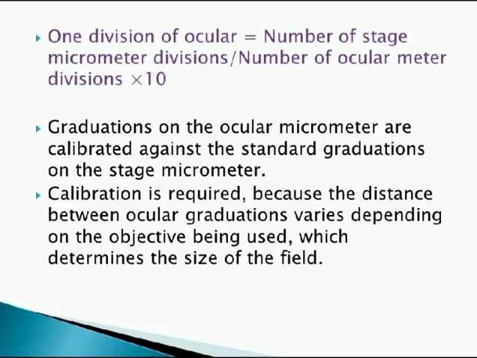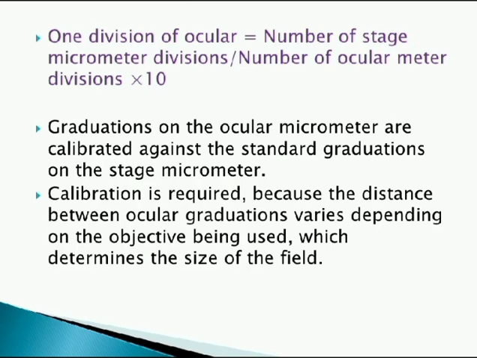So one ocular division is equal to the number of stage micrometer divisions divided by the number of ocular micrometer divisions. First you need to superimpose the stage micrometer and the ocular micrometer, set up to the 0 position, and read out the superimposing position in both the stage and ocular micrometer.